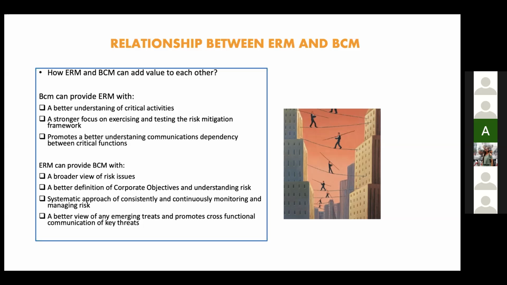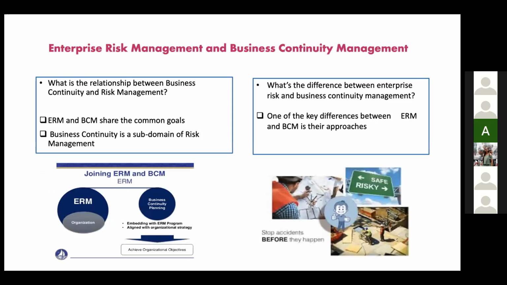So now I will explain broadly so that you can understand what the main point is here. Business continuity management is an important part of ERM, or we can say that BCM is a subdomain of ERM, but BCM cannot protect an organization from all the categories of risk that an enterprise faces.